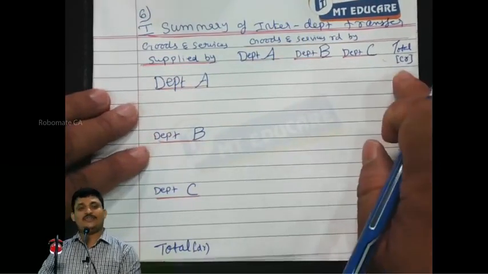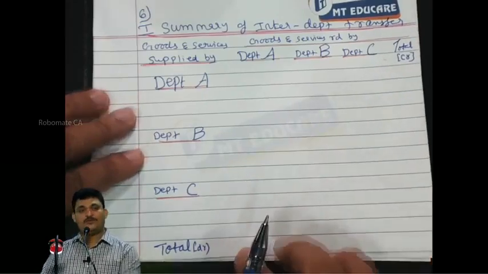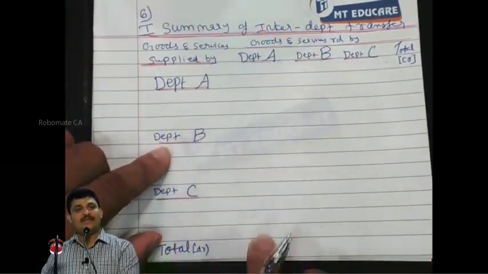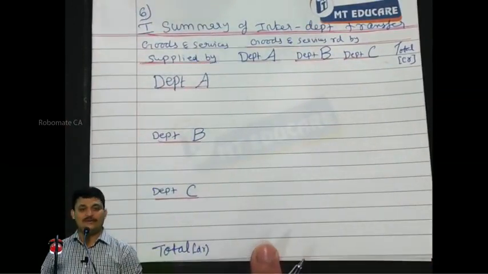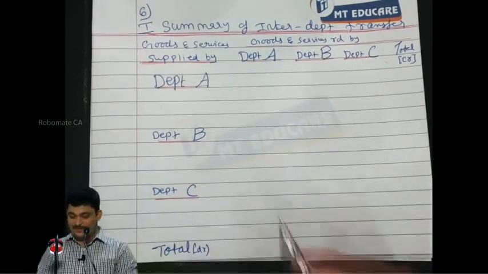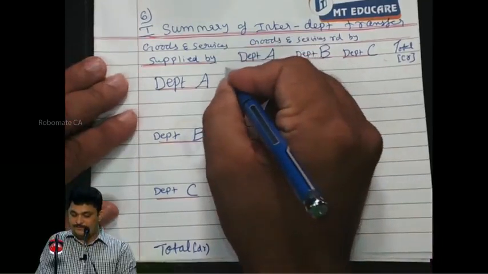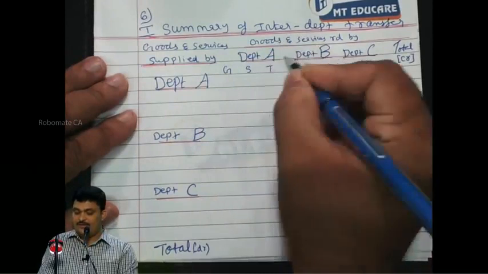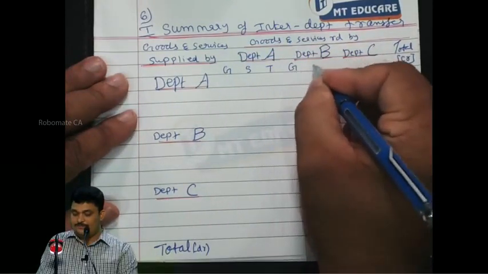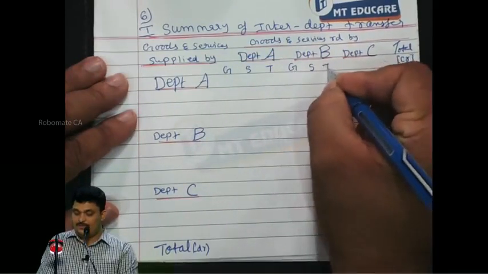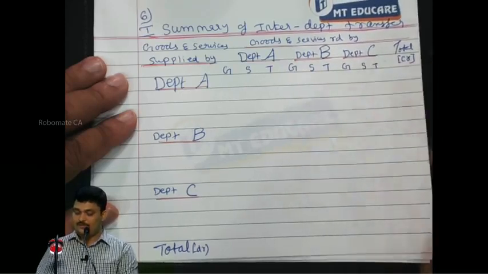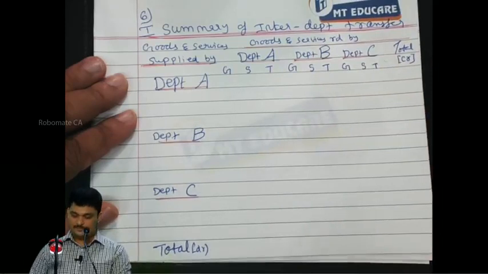That way this is transfer out and this total will show transfer in, B to A and C to A, everything will be there in A's column. Could you appreciate that? What and all transferred? Goods, service, total.